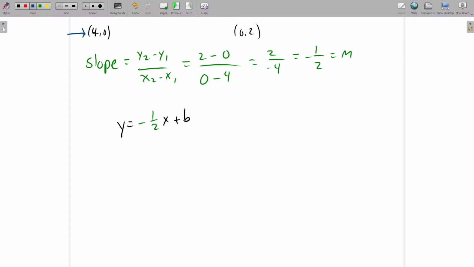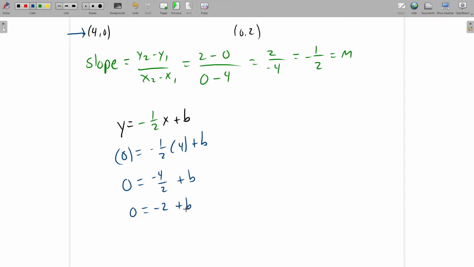So we're going to plug in 4 for x and 0 for y. Right? So if we plug in 0 for y and 4 for x, we get 0 is equal to -1/2 times 4 is going to become -4/2 plus b. And -4/2 will simplify to -2.